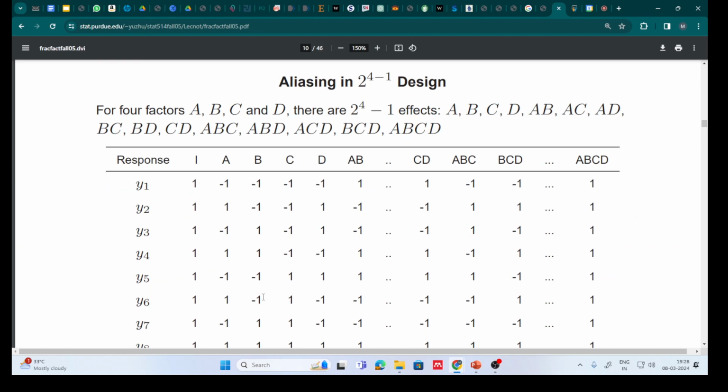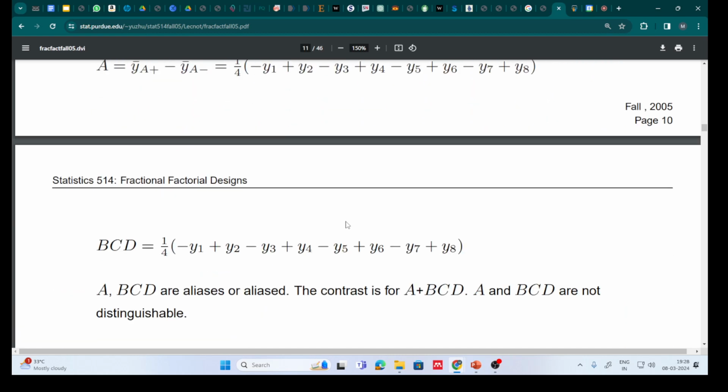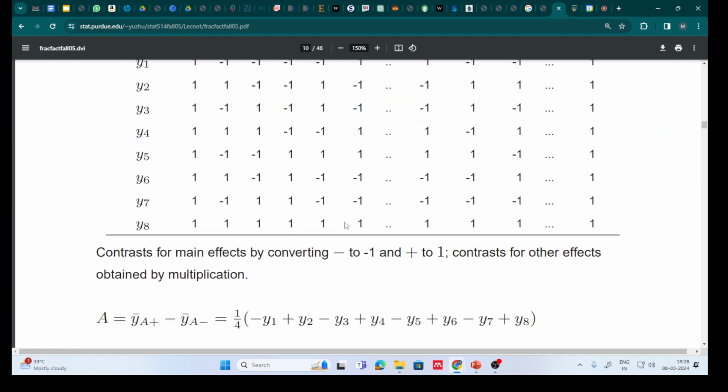If we talk about the aliasing in the 2 to the power 4 minus 1 design, we have 4 factors and we are discarding 1. So I is equal to ABCD, always 1. Then we collect A, B, AB, BC, till CD, then ABC, BCD, and we collect all of these.